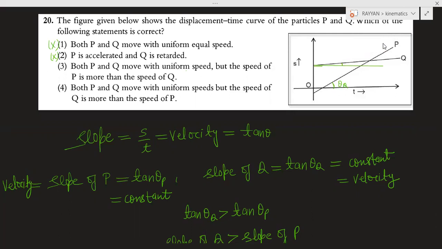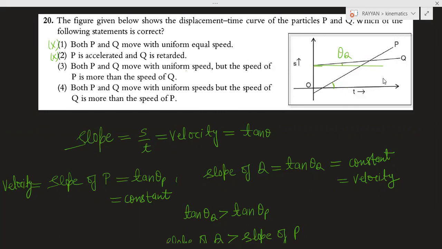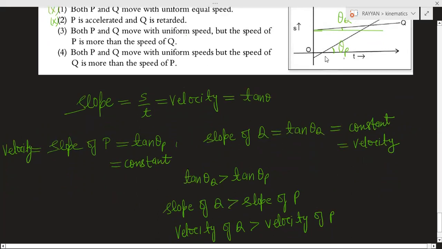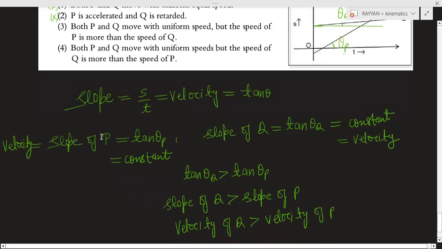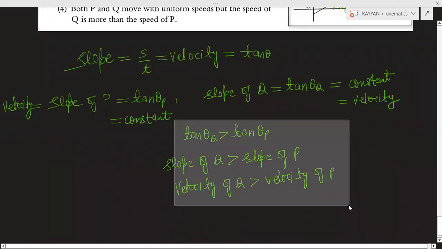This will be theta Q, and this will be theta P. So the slope of P will be theta P, and the slope of Q will be this. So we have to change all these things.